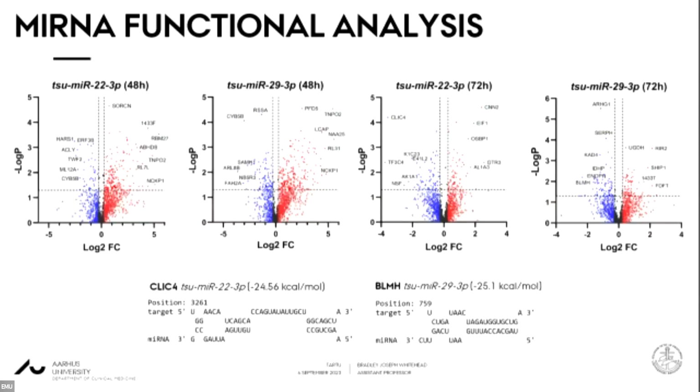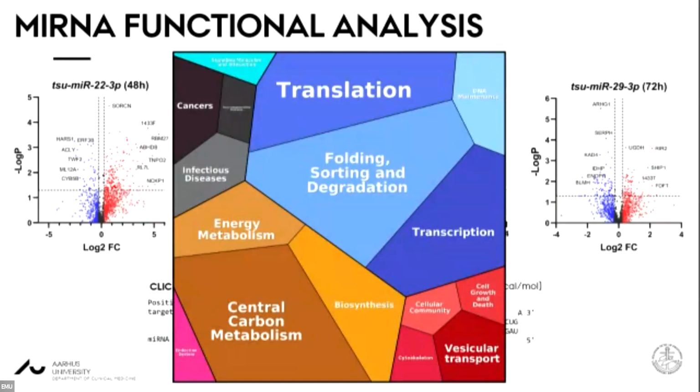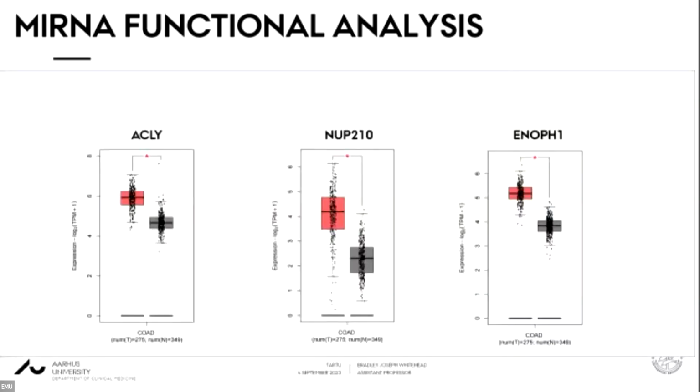It's got a better resolution now, even though there's less movement on the expression. We also looked at the pathway enrichment for these downregulated proteins, and we did see quite a lot of pathways implicated in cancer, but the majority in metabolism.